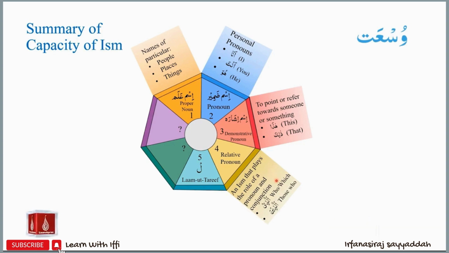For example, allazi, which stands for who or which, and allazina, which means those who. And the fifth group includes that of Lam Tarif, which is used to convert an indefinite ism into a definite ism. For example, converting the word kitab, which is indefinite, into al-kitab, which is a definite ism.